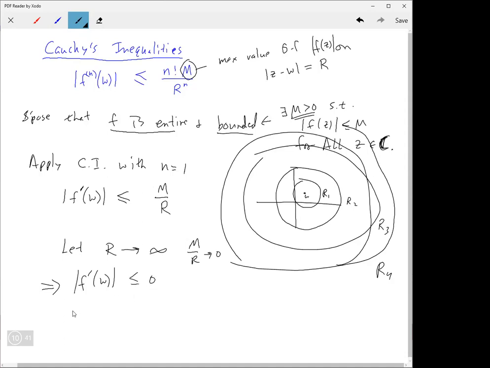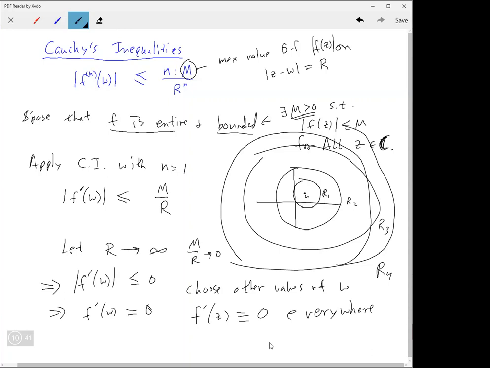So that means that this is less than or equal to 0, and the only way that can happen is if this is equal to 0. Then you can go back and choose other values of w, and basically the derivative of f is going to be 0 everywhere.